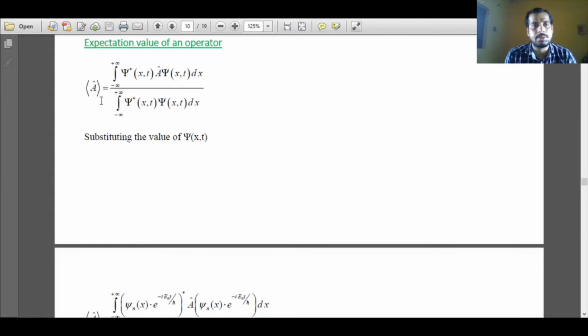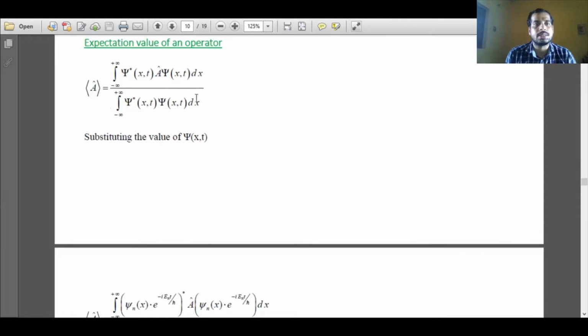But it is important to note that psi is a function of both position and time. That wave function is a product of a spatial part and a temporal part, the temporal part being e to the power minus i E_n t over h bar. Here E_n is the energy of the particular nth state, and psi_n(x) is the wave function of that state. So substituting the spatial and temporal parts, the expression for the expectation value of an operator A looks like this.